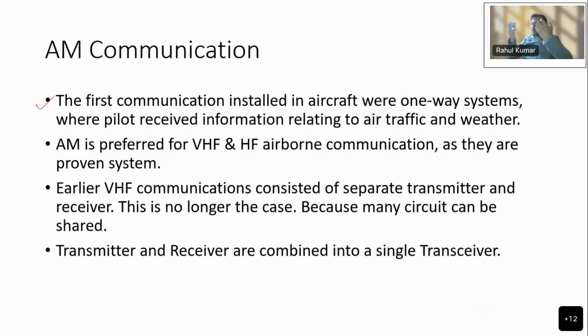The pilot could not transmit any information, but could only receive the information relating to air traffic and weather condition. In older days it was fine because the air traffic was less, but now this is not possible, right? Just one-way communication is not possible.